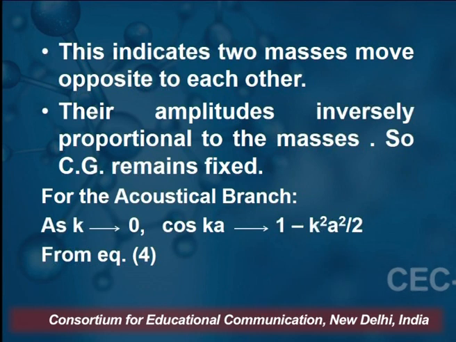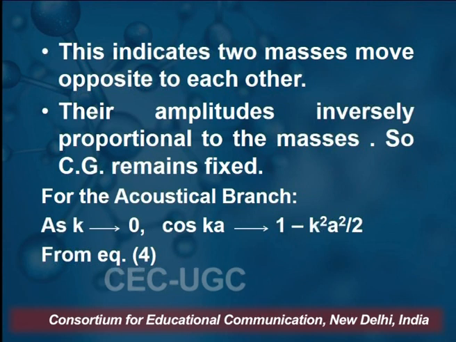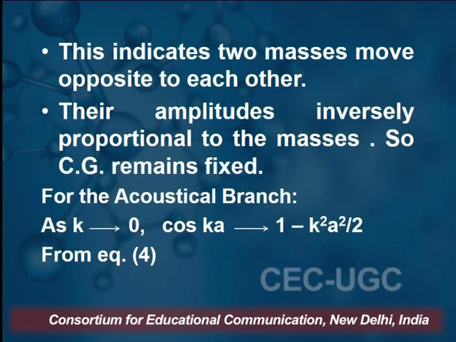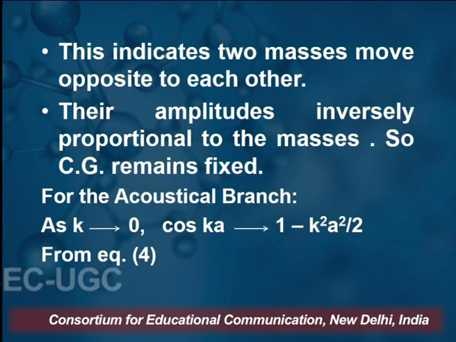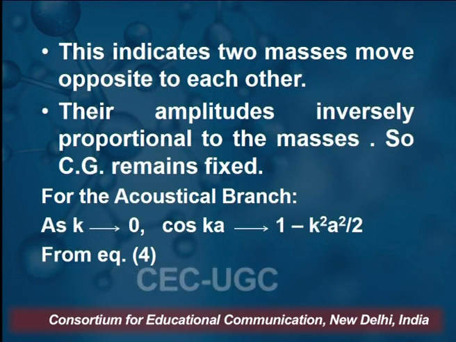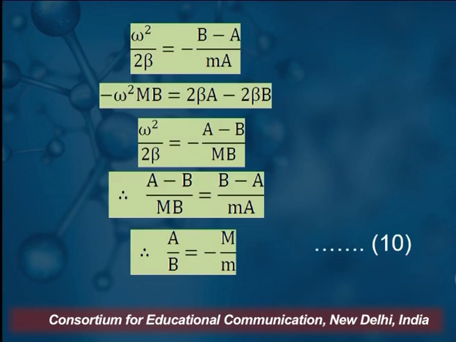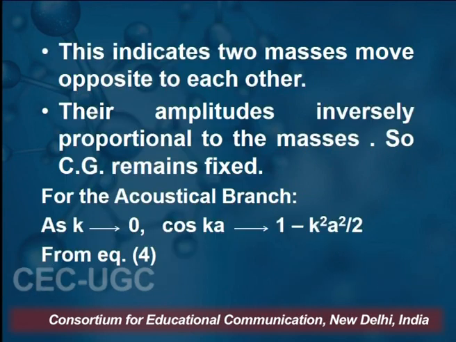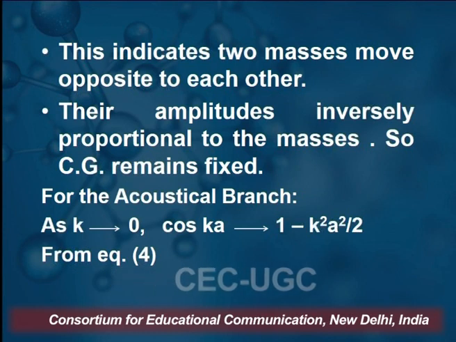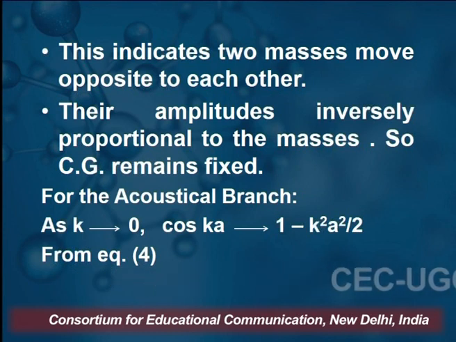This indicates that the two masses are moving in the opposite direction. The negative sign indicates that the two masses are moving in the opposite direction. Also, A and B are the amplitudes of vibration of the lighter mass and the heavier mass. Then these two amplitudes are inversely proportional to their masses.